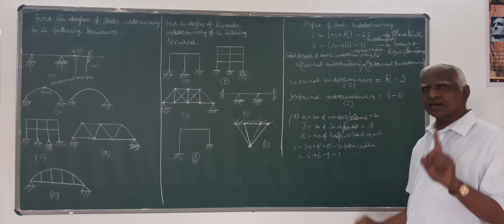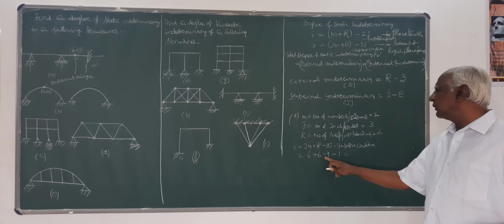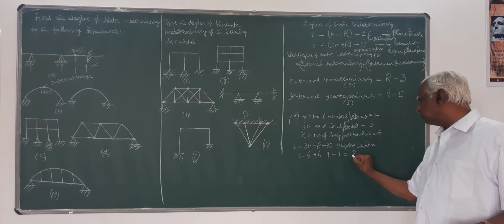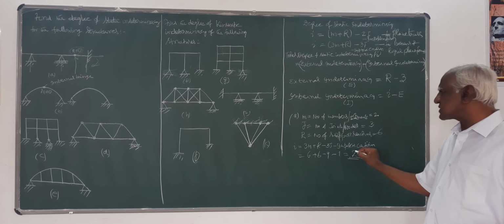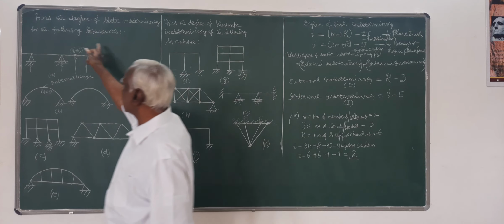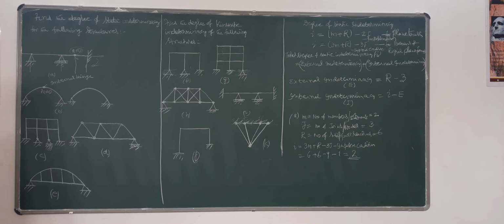One imposed condition is there. So therefore this is 12 minus 9, 3, 3 minus 1, 2. So degree of static indeterminacy is 2. For this particular problem, degree of static indeterminacy is 2. That's what we are going to get.